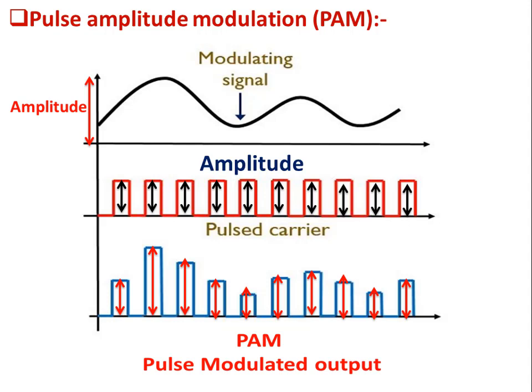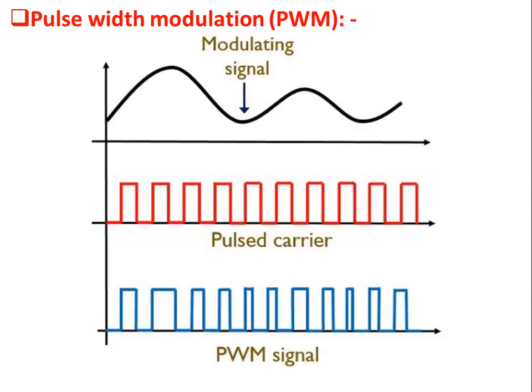Similarly, the second type, that is pulse width modulation, or sometimes called PWM. Pulse width modulation can be defined as a type of analog pulse modulation technique in which the width of the carrier signal varies in accordance with the instantaneous value of the modulating signal. Observe this signal representation.